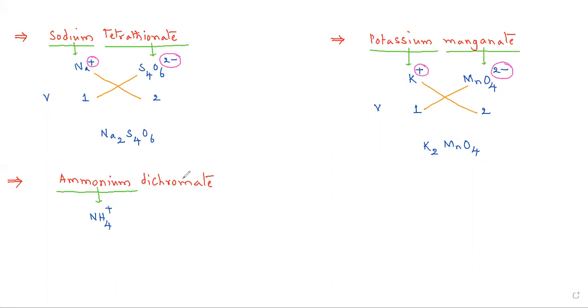And the formula of dichromate ion is Cr2O7 2-, right? Coming to the valency of this, it is 1 and here it is 2. Round up the charges.